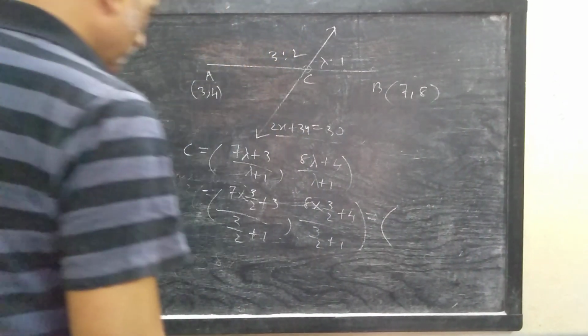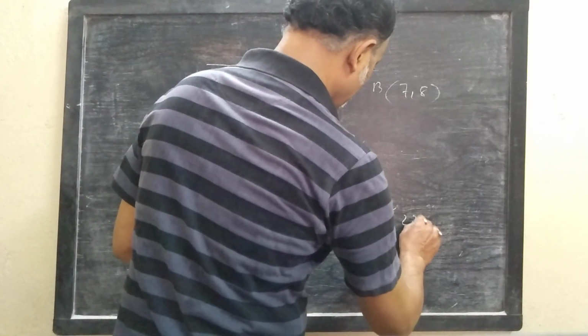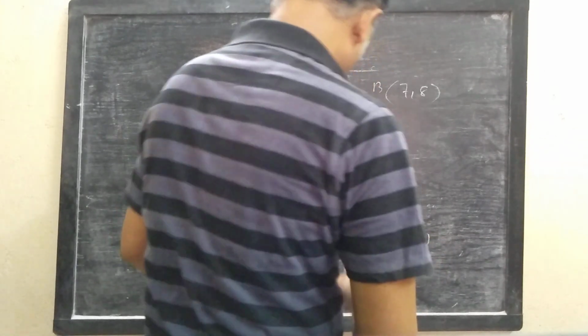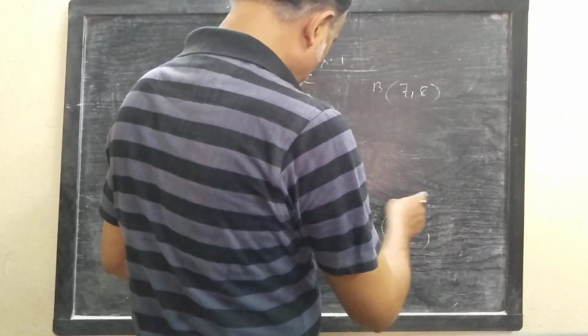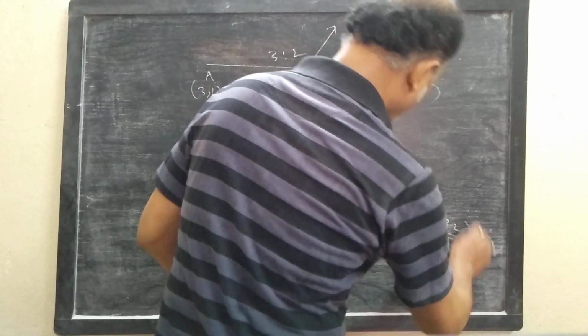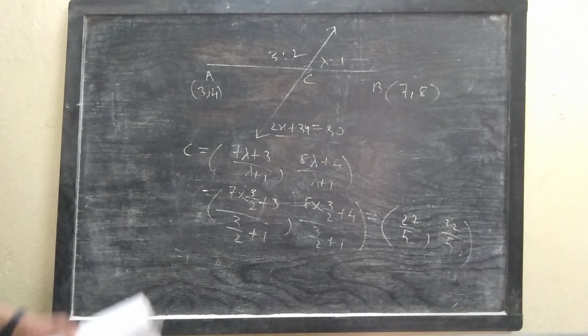This ultimately gives you (7 threes are 21 plus 6, 27) by 5, comma, (8 threes are 24 plus 8, 32) by 5. So 27 by 5, 32 by 5. Okay.